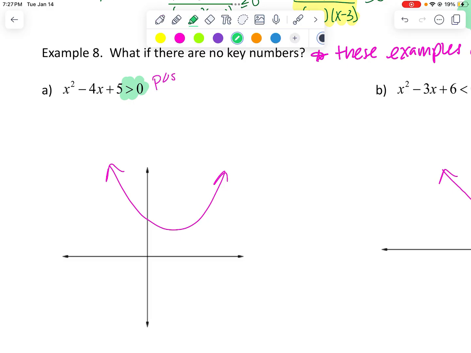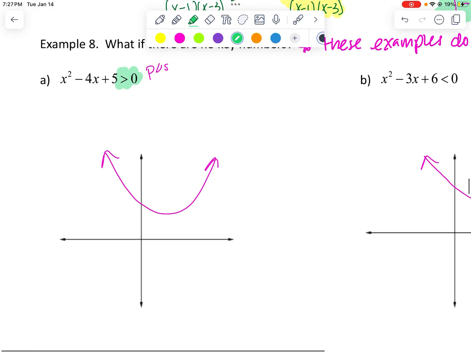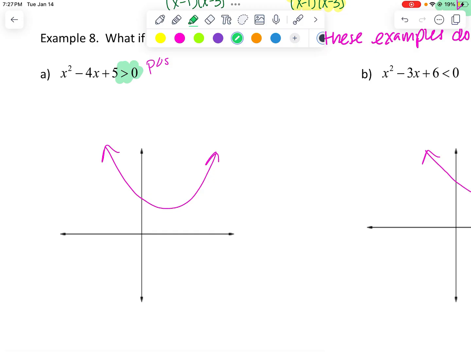If I'm looking at this as a parabola, where y is equal to x squared minus 4x plus 5, I'm looking at my positive y values, which is right here. So when graphing, I want to think of y equals x squared minus 4x plus 5, where the y values are positive in quadrants 1 and 2.